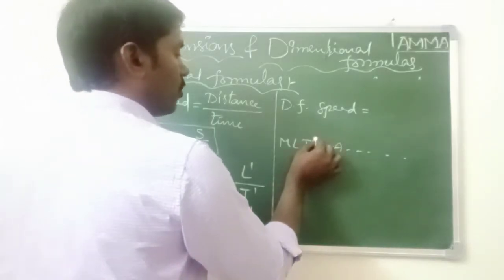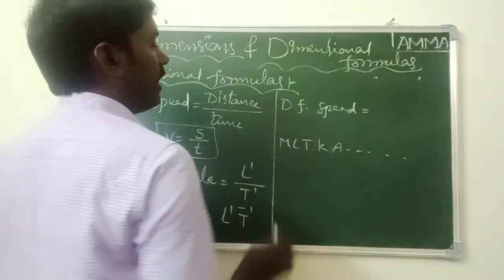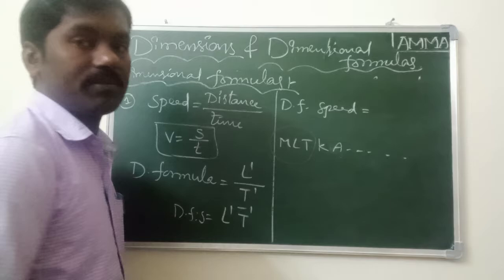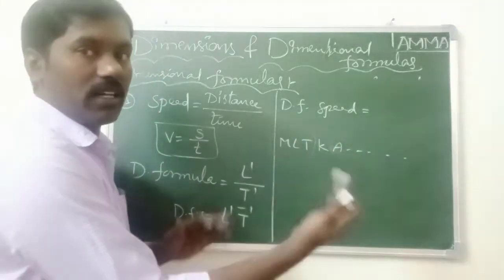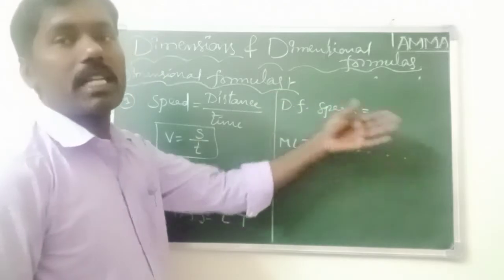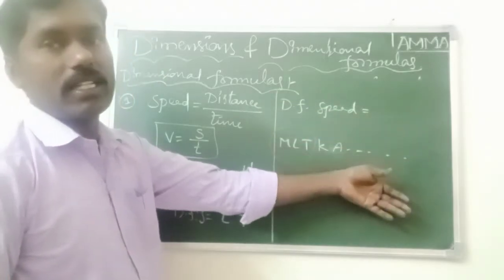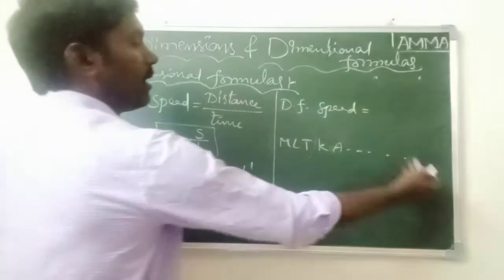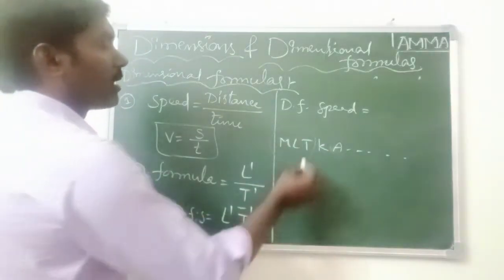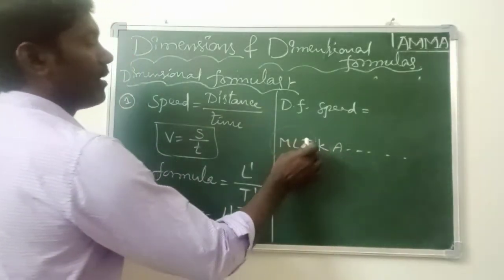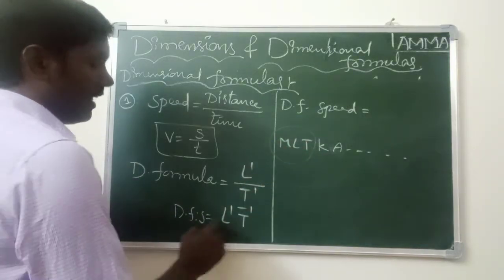Most physical quantities can be expressed by M, L, T only. The remaining letters are added depending upon the general formula and requirement, but most physical quantities can be ended by these three letters only.